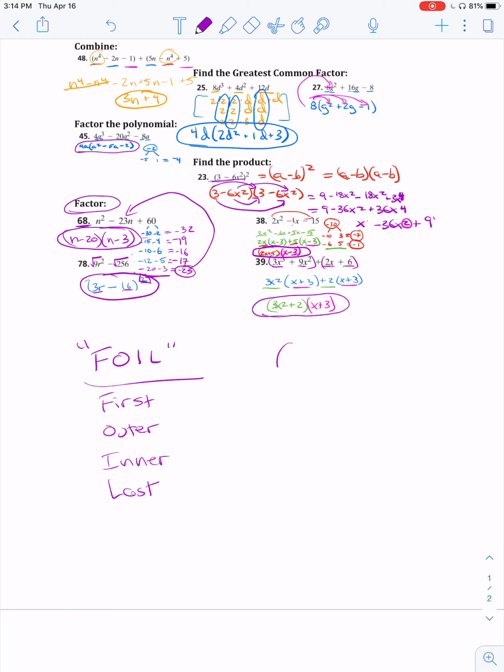Another couple of rules. We obviously have the greatest common factor, and that's the largest term every term has in common.